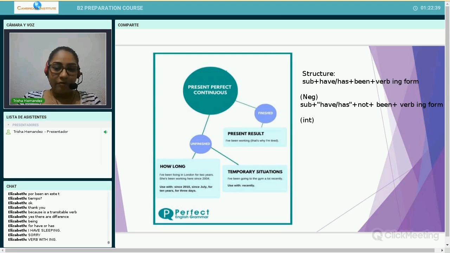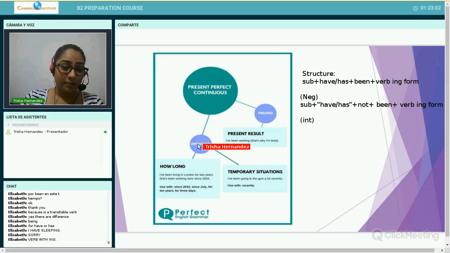If you want to refresh, look at the present continuous picture or mind map that we have here. We have both unfinished and finished action. Remember that it depends on the meaning. Present result. I've been working.